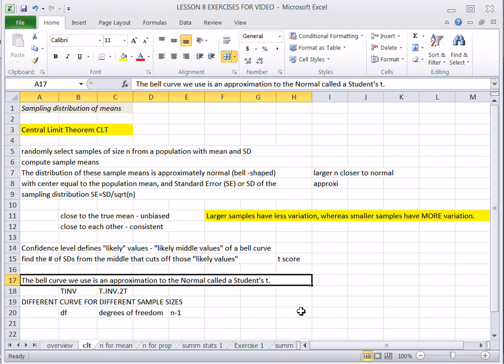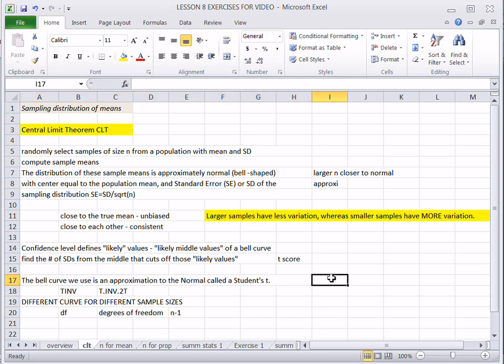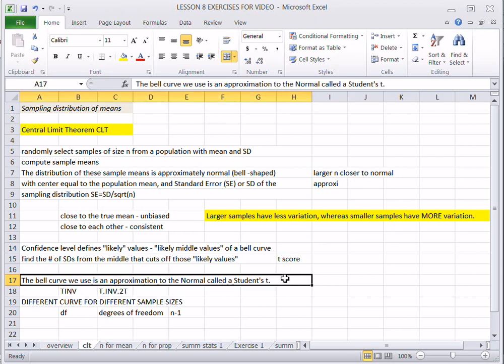Now, the student's t-distribution is a bell-shaped curve, and the middle of the curve is going to be the population mean. But it has more variation in it due to smaller samples. This basically takes into account the sample size, so that the larger the sample size, the closer to a normal distribution. The smaller the sample size, the more variation from a normal distribution.